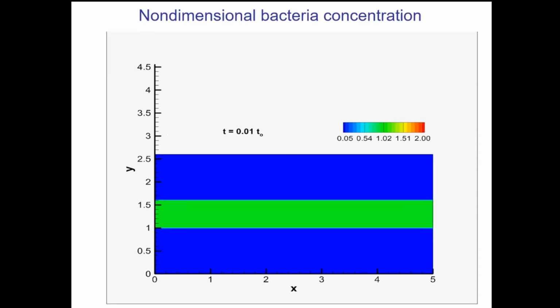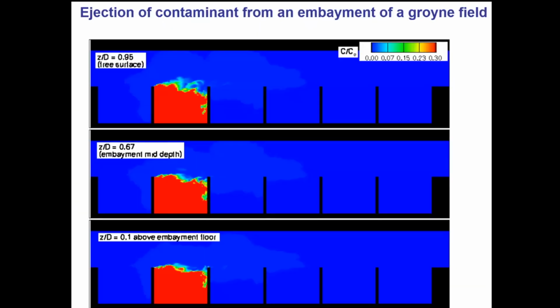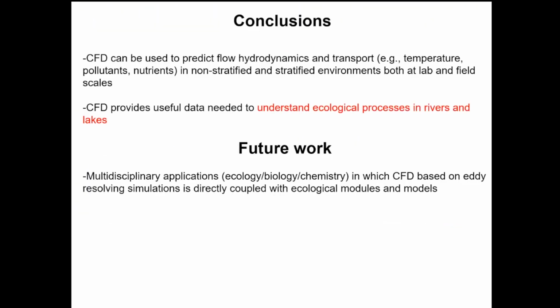Because I'm out of time, let me go directly to a very brief conclusion. What we were trying to show in this talk is that three-dimensional data from numerical simulation can be used to understand the flow physics and the physics of transport processes, which can be of relevance to ecologists working on fish, working on mussel beds, or working on habitat in lakes.